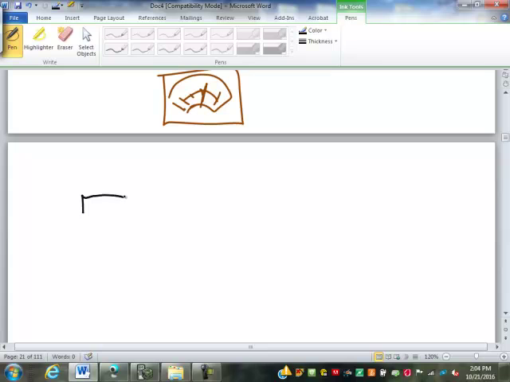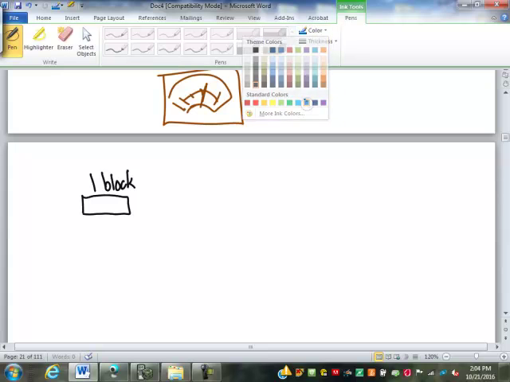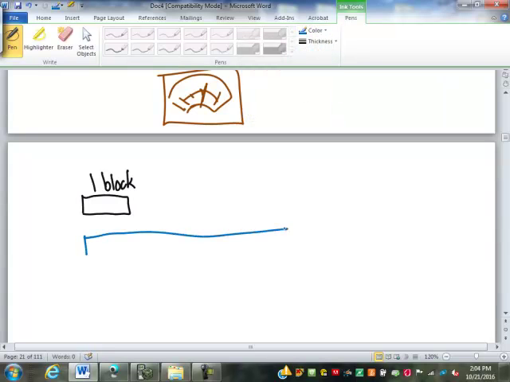So let's say I have a block that is my unit of measurement. If I want to measure something with that block, I'm going to take the block, and I'm actually going to duplicate the block here quick so I can use it.